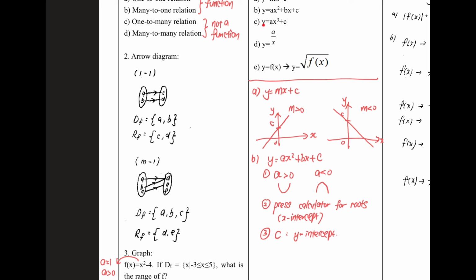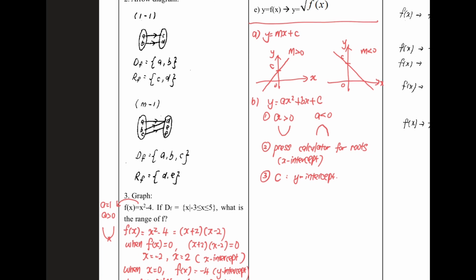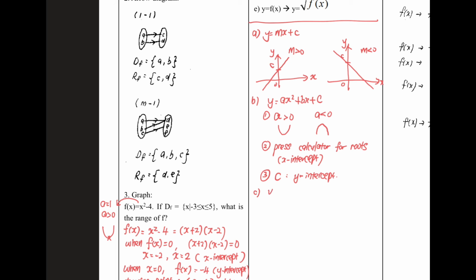Okay, so now you look at C. C is where we have y equal to ax cubed plus c. This is called the cubic function. So what to know about cubic functions? Okay, I put it here. y equal to ax cubed plus c. So first of all, we have to know that the c is the y-intercept again.